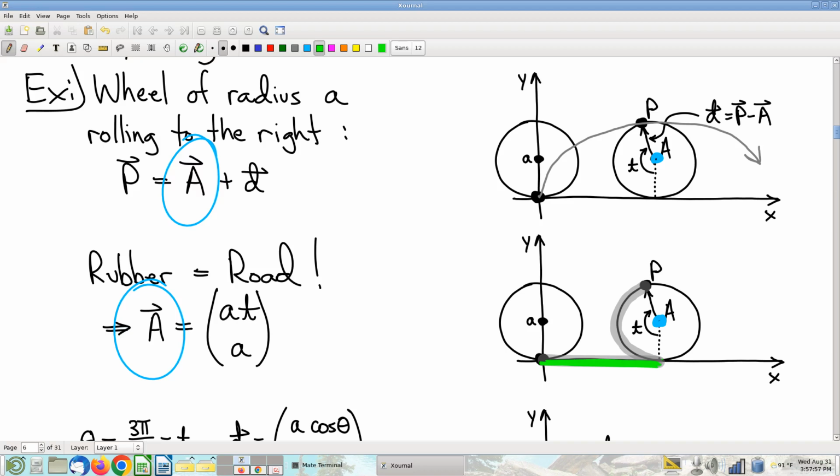And notice that distance is the amount of road that the wheel has covered since the beginning point. And here's the real tricky little bit. The amount of road that the wheel has covered, the amount of road that has touched rubber, has to equal the amount of rubber that has touched road.